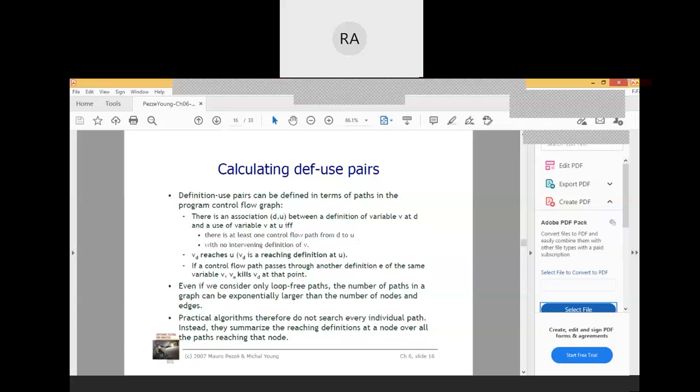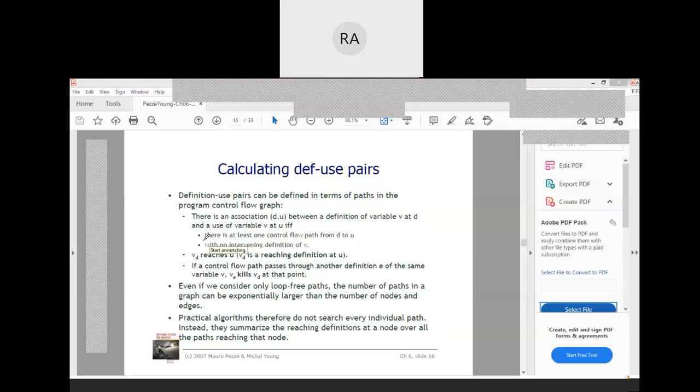Again, there are two conditions. Please focus here. There is at least one control flow path from D to U. By this time, you have to know what D and U mean. D represents the definition of a particular variable. U represents the use of that variable.